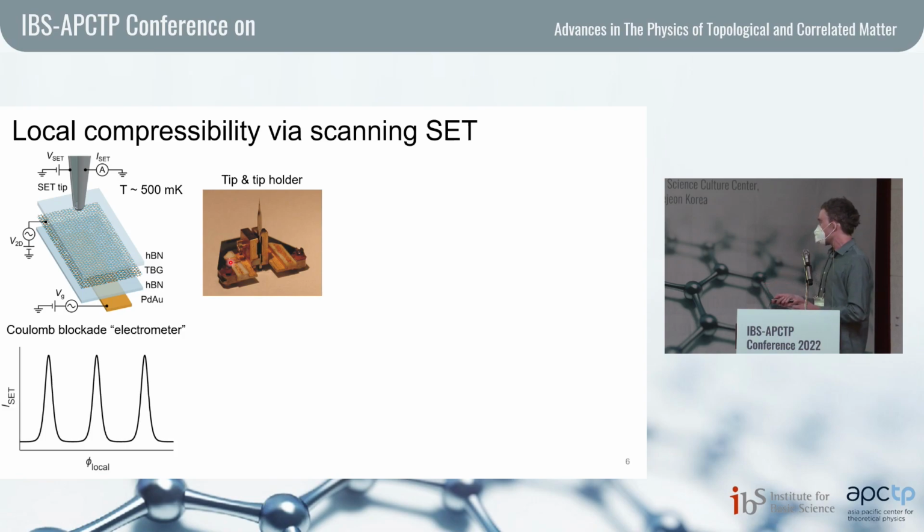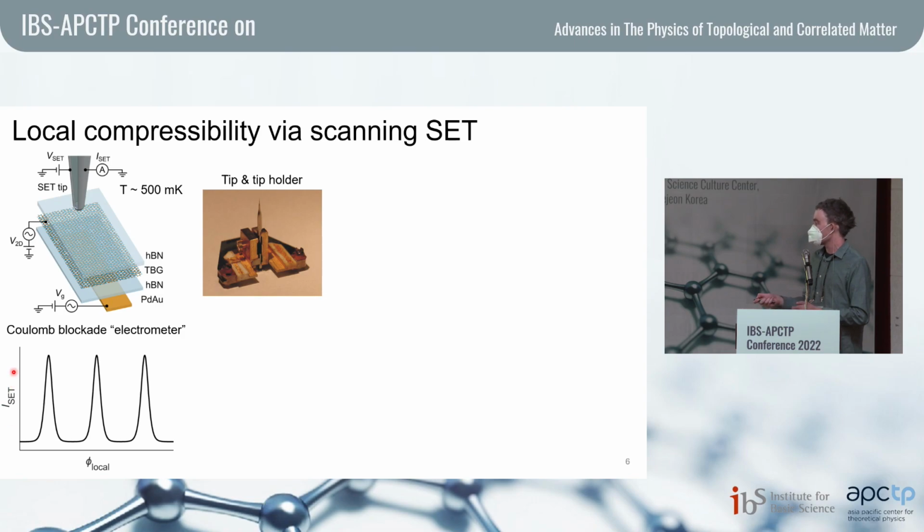The way this device works is that, according to the Coulomb blockade principle, if one has a single electron transistor, a device where the energy cost of adding a single electron is significant, it will exhibit Coulomb blockade oscillations that correspond to adding one electron to the metallic island at the end of the tip.